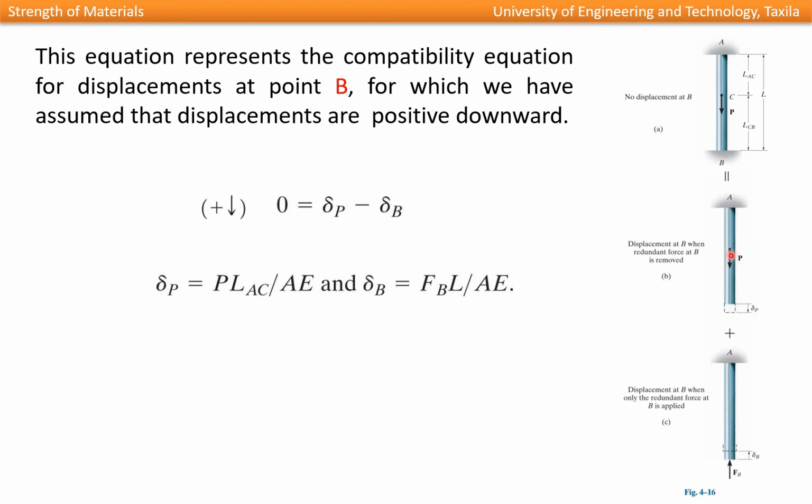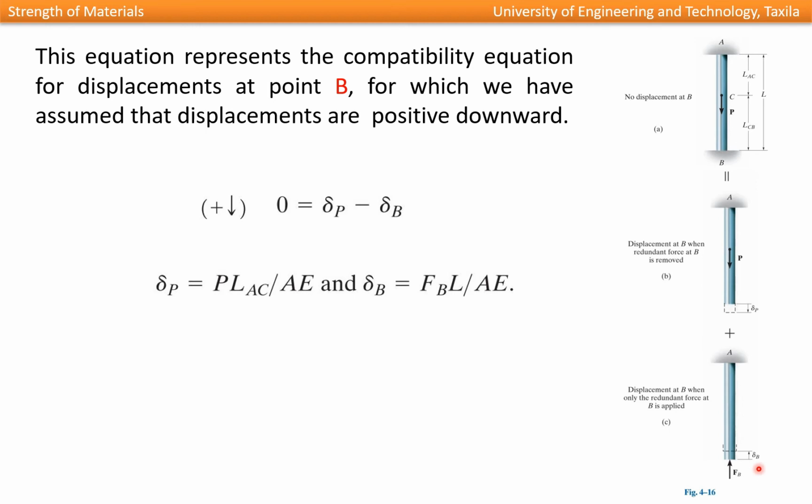It is to be noted that because of this applied load, only this portion is under tension. So we consider the length of this portion only in this expression: P times LAC divided by AE. But the force FB is acting at this end and it is trying to compress or shorten the length of the whole bar.